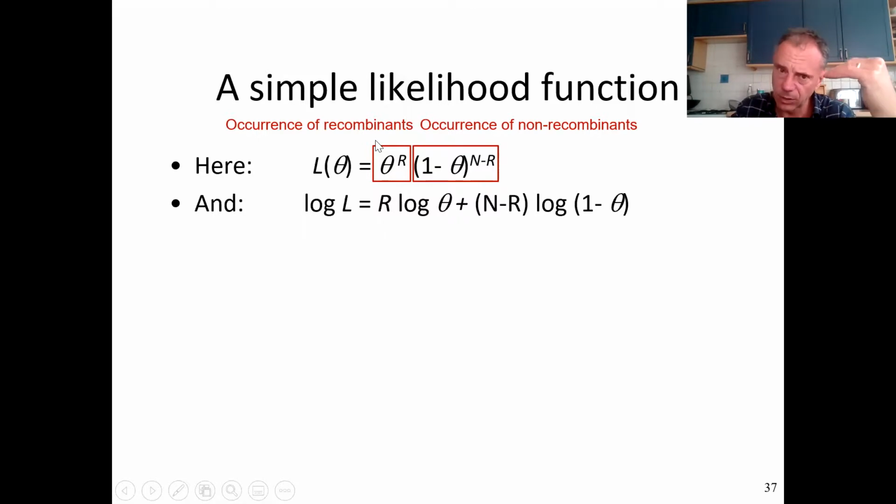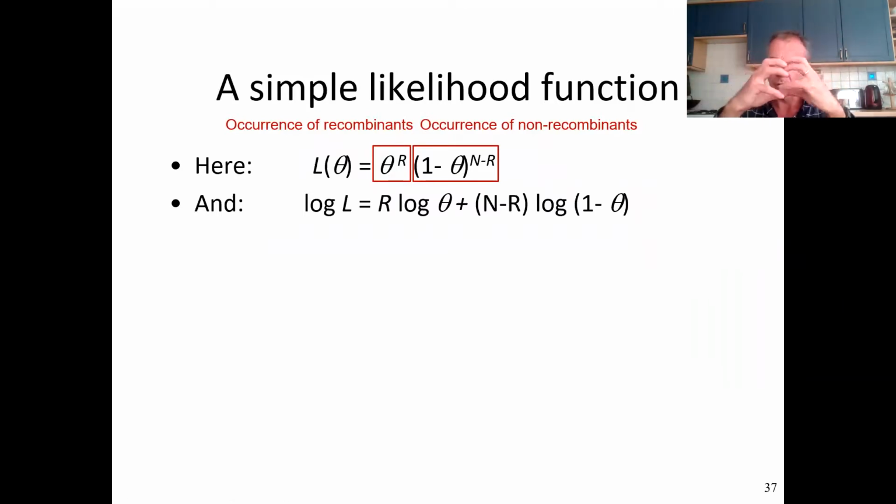Now we're going to take the logarithm, because we're going to put this into a ratio, and we're going to take the logarithm of the ratio. So it's going to be fine if we take the logarithm now. The logarithm of this, L theta, is the logarithm of theta times R, because you add theta up R times.